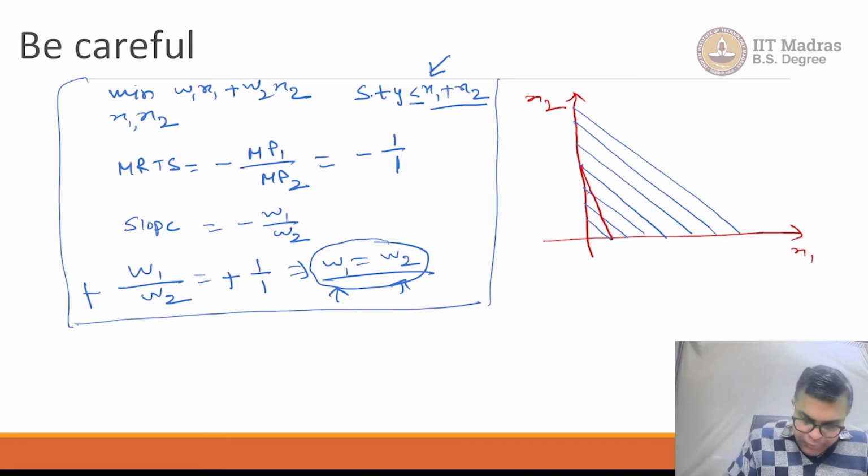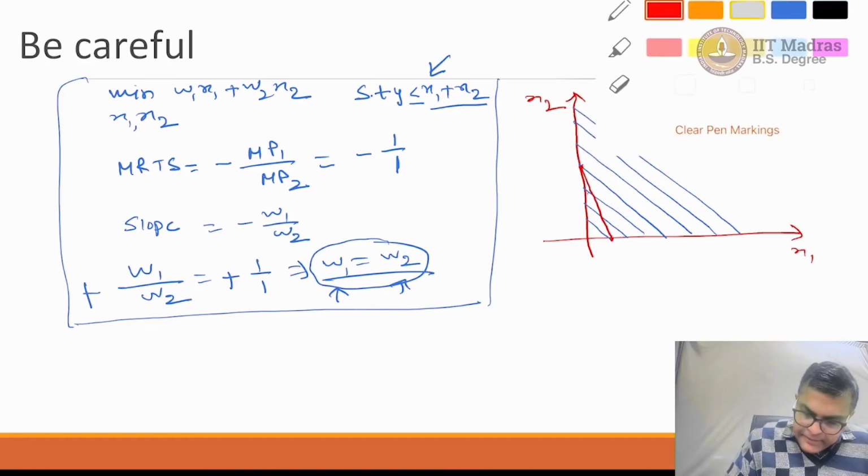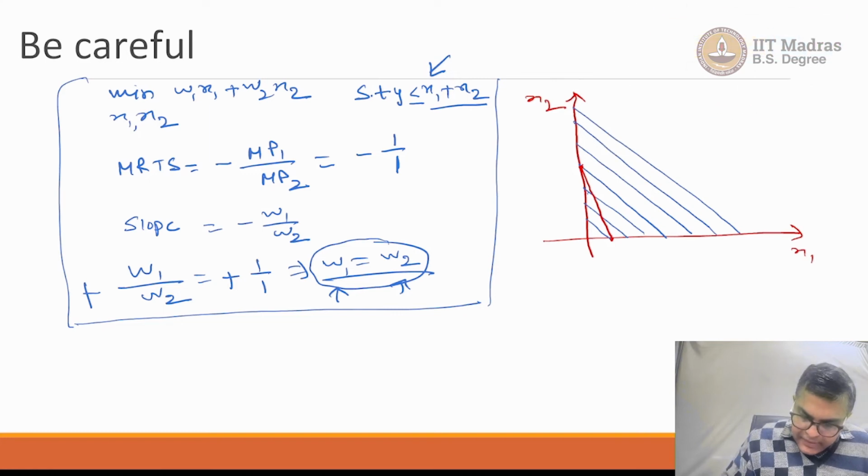Now at this point or this point, where should the production take place, because if we pay attention in this direction, cost is lower. So we want to keep producing this output Y naught at lowest cost. So that clearly is happening here.